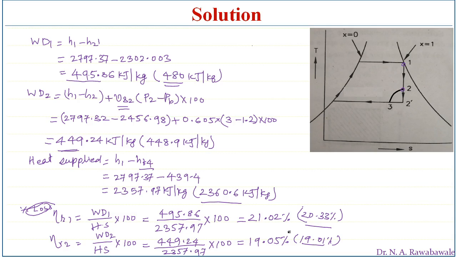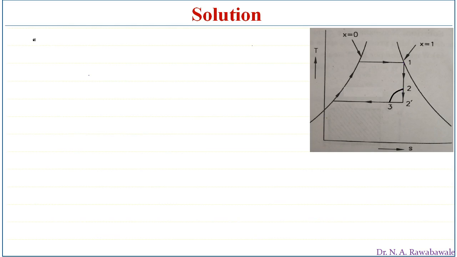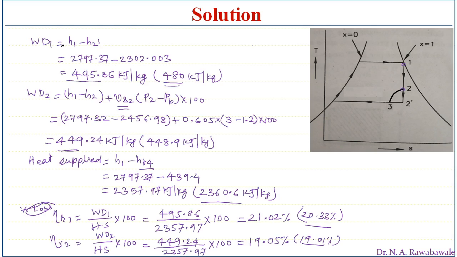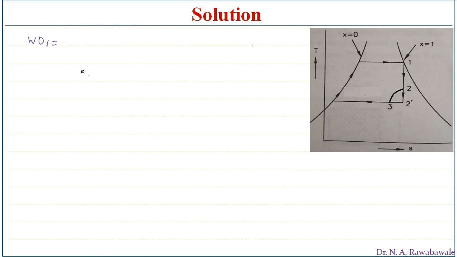Now we'll find out the percentage loss in work. First of all, we will carry forward the work and Rankine efficiency to the next slide. Work done 1 equals 495.86 kilojoules per kg by the analytical method.